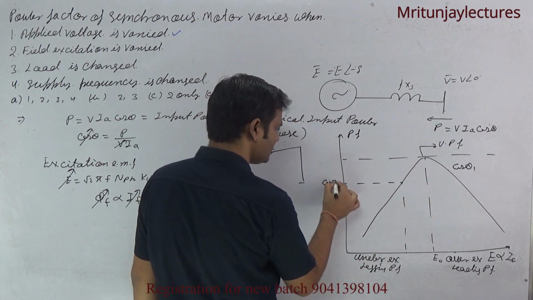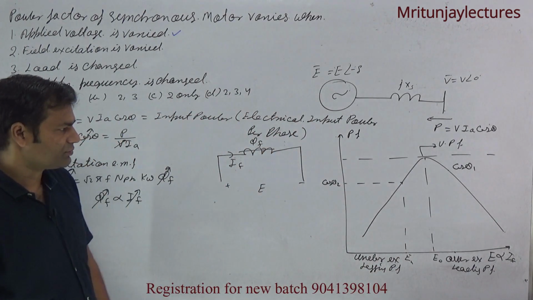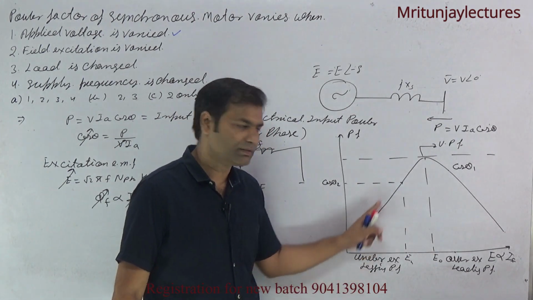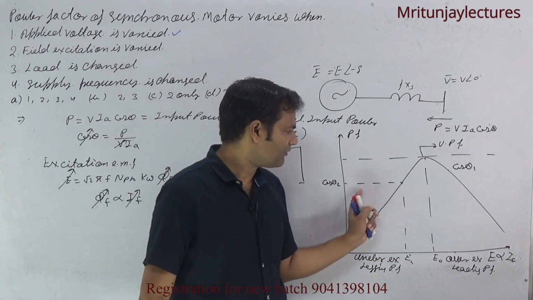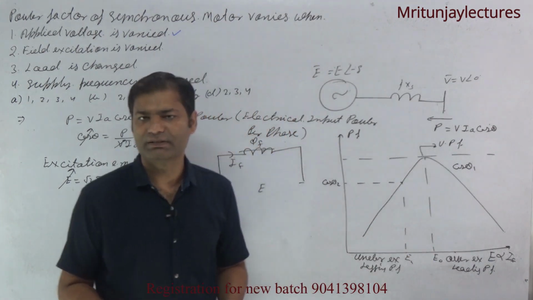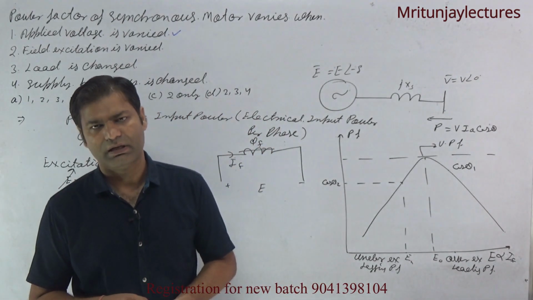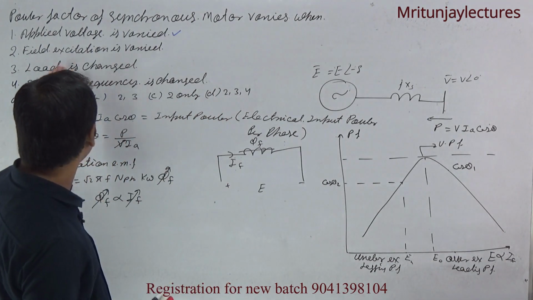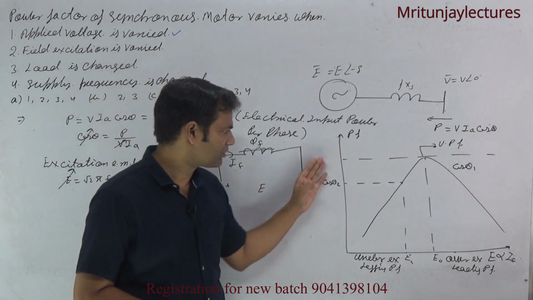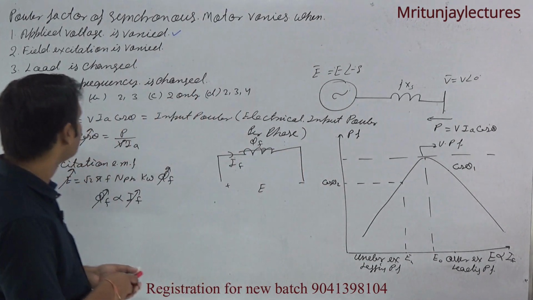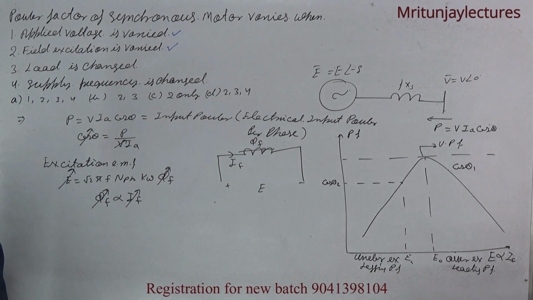That is cos theta 2, that is E2. Clear? This region corresponds to lagging power factor, and the power factor value also changes. If E is changed, then the power factor value also changes. So B is also correct.